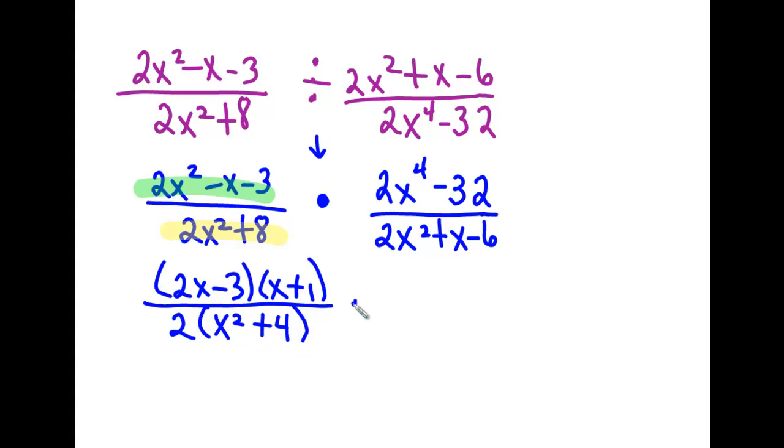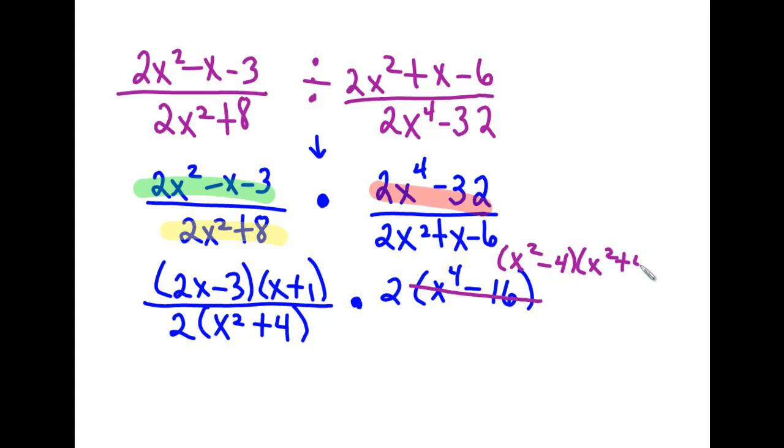Now I need to check and see if I can go any further with x squared plus 4, and this one is complete. Next is 2x to the 4th minus 32. I could pull out the greatest common factor of 2, and that leaves x to the 4th minus 16. X to the 4th minus 16, however, is not complete. It's a difference of two squares, and I can break it down to be x squared minus 4 times x squared plus 4.